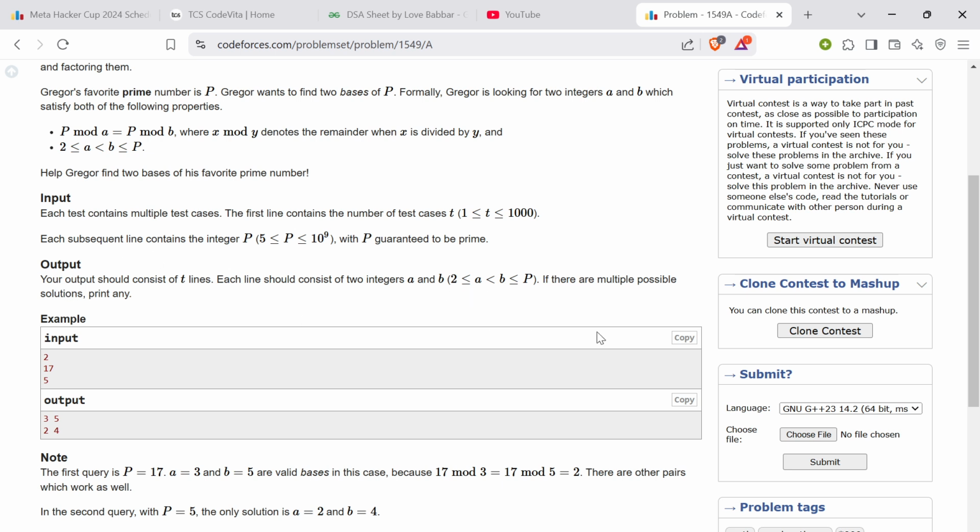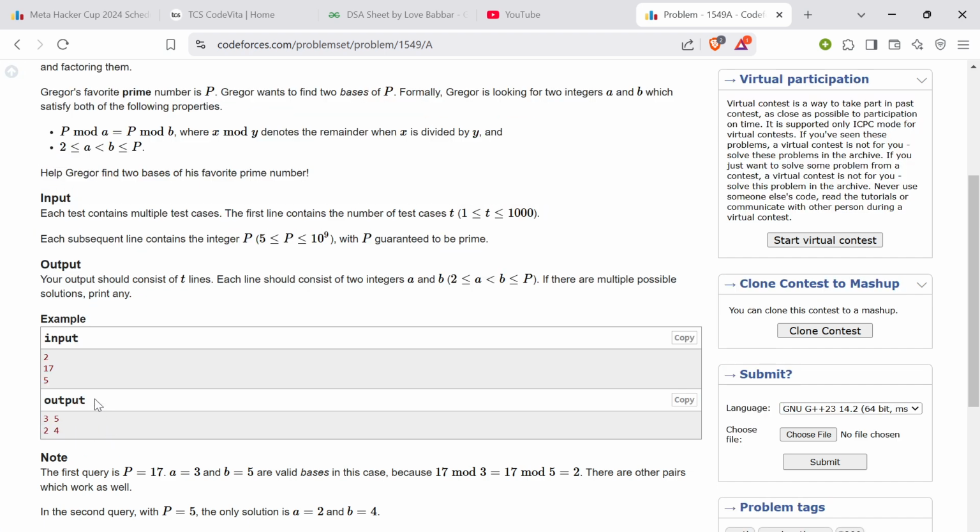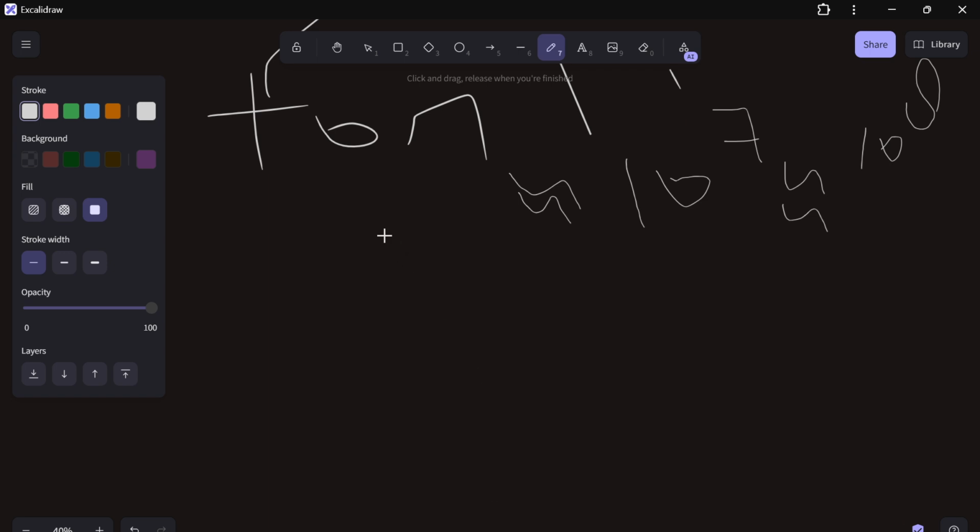It says that any other valid value can also be printed. So how can you write it? Okay, now let's see. Suppose this is the number given: 5. Okay.